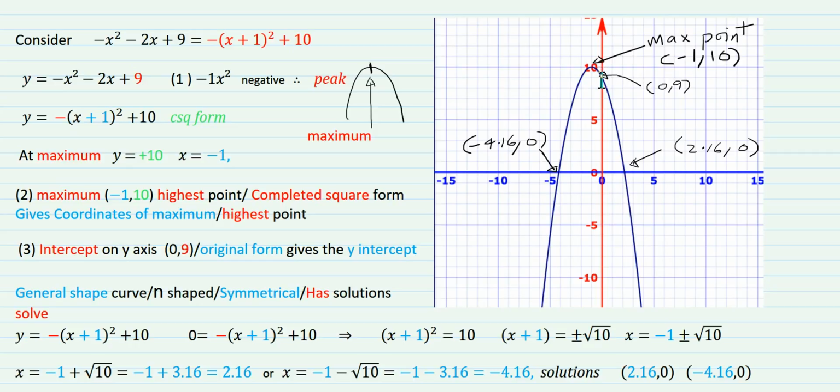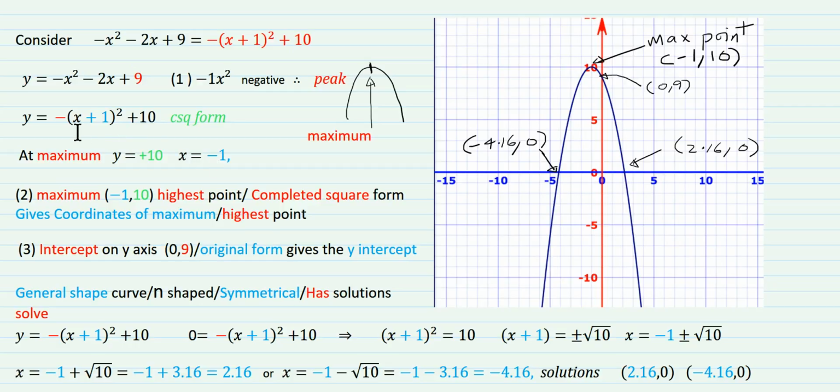And how do you find the coordinates of the maximum point? Well, you look at the completed square form, which is -(x plus 1) all squared plus 10. Now this will be a maximum when the whole of this bracket is nothing, it's 0. That will be when x is -1.